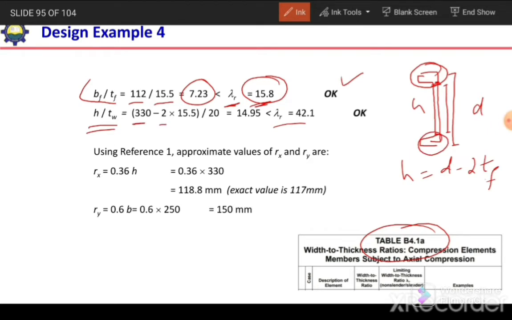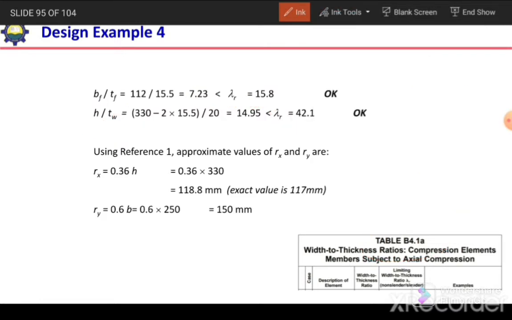So d minus 2 times thickness of flange divided by thickness of web gives us h over tw, which is 14.95, and the limiting slenderness ratio lambda r for the web is 42.1. Again, we can use this table to select the corresponding value. So this is also satisfied, which means the local stability check is satisfied for both web as well as flange. Next is to check for the global instability.